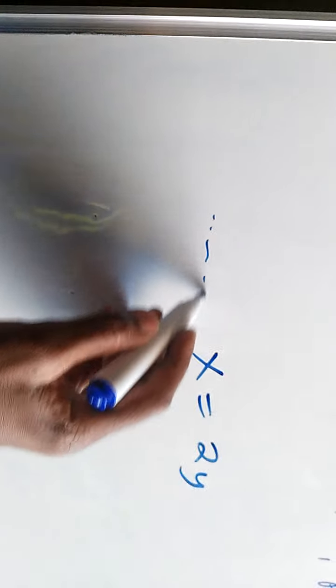They're saying, if... the simultaneous equation. Okay. If x is equal to 2y, that's our equation 1.